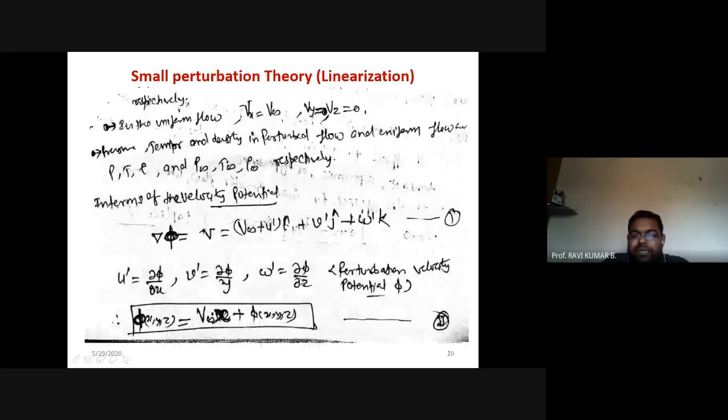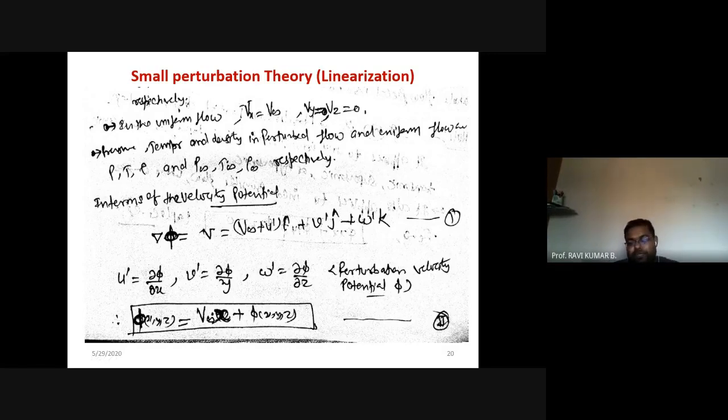That needs to be kept here. I have written this as equation number 1, where u dash is equal to dou phi by dou x, v dash is equal to dou phi by dou y, and w dash is equal to dou phi by dou z. Here phi is the potential function for the perturbed flow.